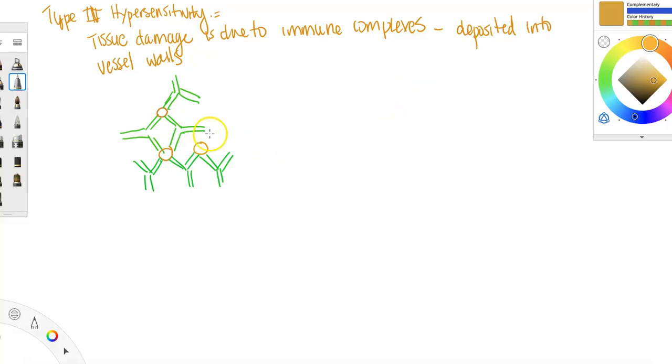So these are complexes of antibodies, and they basically come together and they get sort of deposited into tissues.